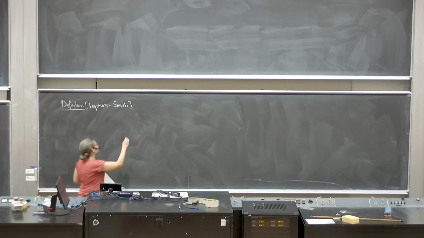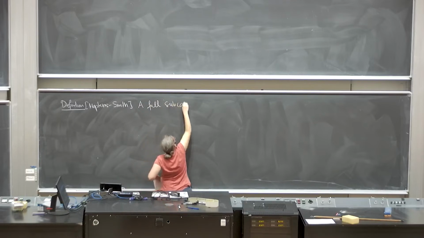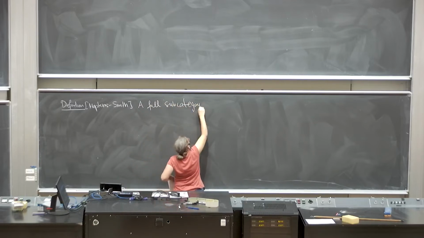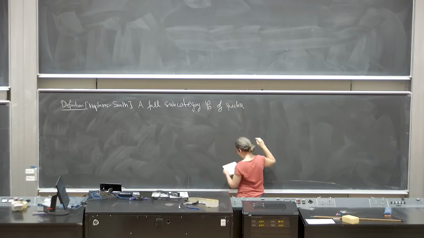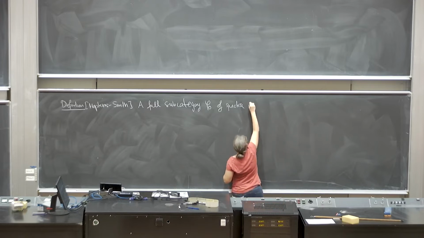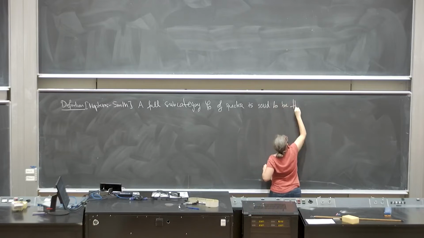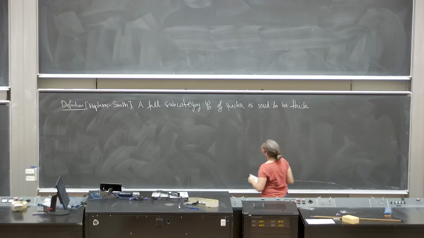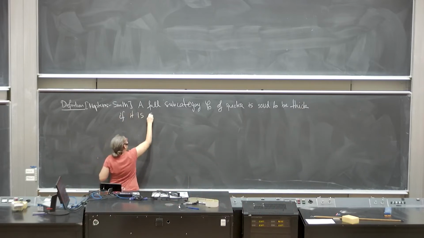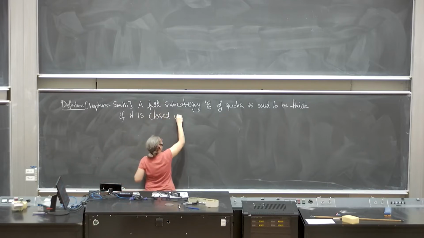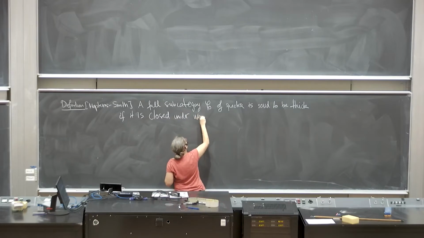And it's the following. A full subcategory C of spectra is said to be thick if it's closed under weak equivalences.